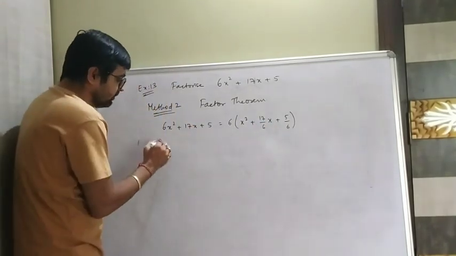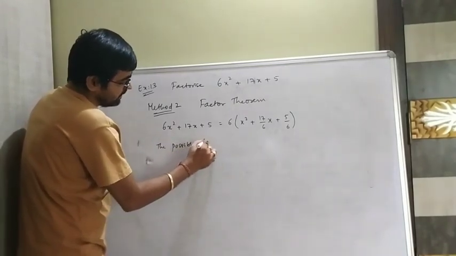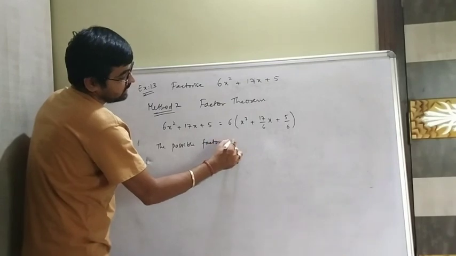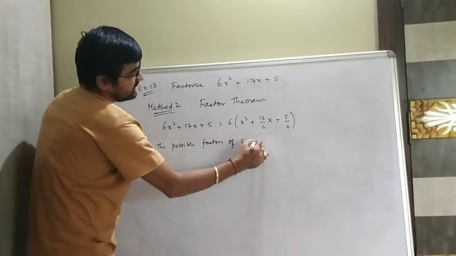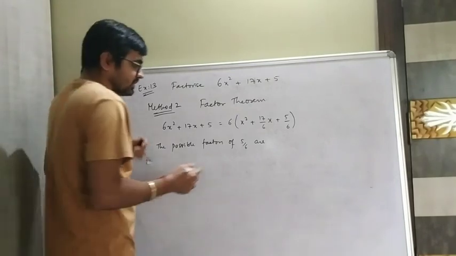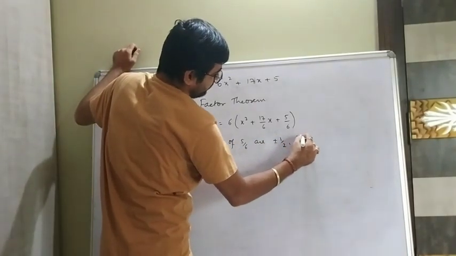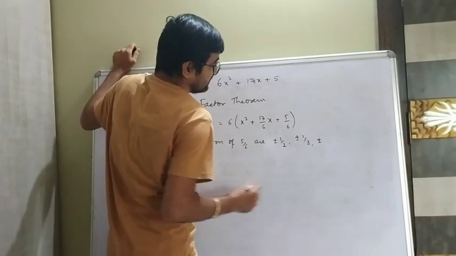So basically what we are looking at, the possible factors of 5 by 6. So what would be the possible factors of 5 by 6? So it may be plus or minus 1 by 2, plus or minus 1 by 3.